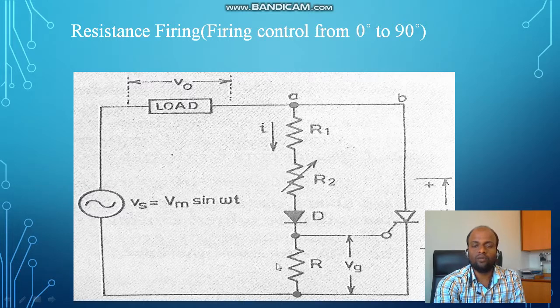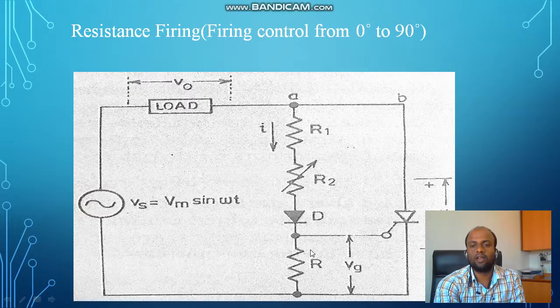Now the next resistance, R. This resistance is called the stabilizing resistance. It means that the drop across it, Vg, should be less than the maximum gate voltage. It should not exceed the maximum possible gate voltage VGM.